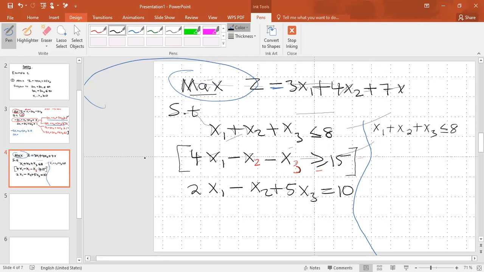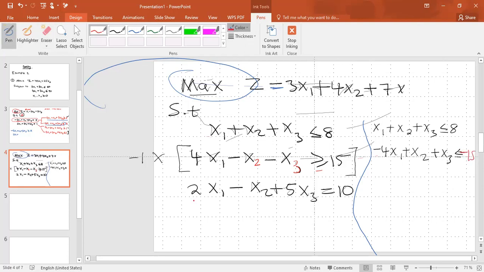It turns out to be negative 4x1 plus x2 plus x3 less than or equal to negative 15, since the positive 15 becomes negative 15 when multiplied by negative 1.